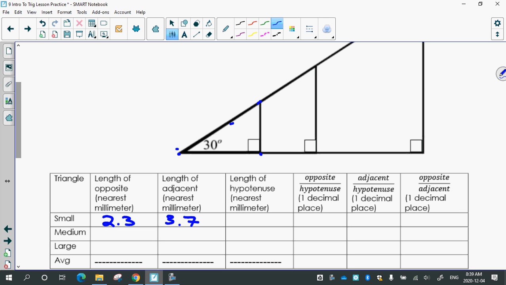That was the adjacent, 3.7. And then the length of the hypotenuse, from the tip to the top. 4.2. 4.3. Okay, 4.3.